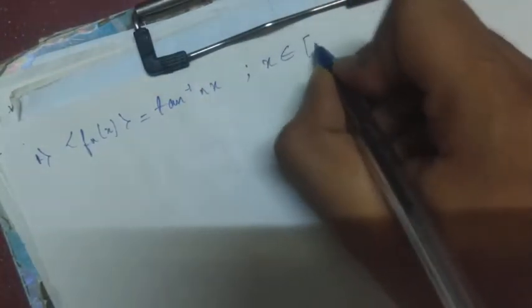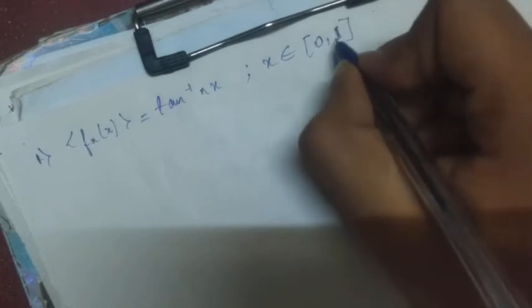The first problem: f_n(x) = tan inverse(nx), where x belongs to the closed interval [0, 1].